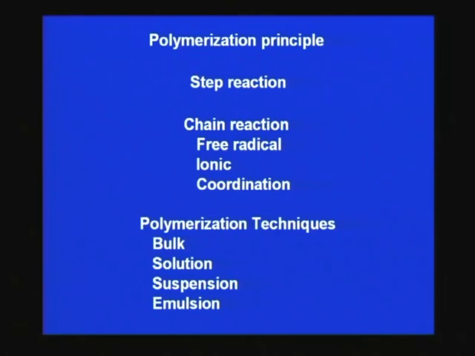So, leading to polyester or polyamide, and I mentioned that this occurs in steps, meaning first of all one diol reacts with a diacid to form an intermediate. That intermediate will react with either one diol molecule or one diacid molecule or both.